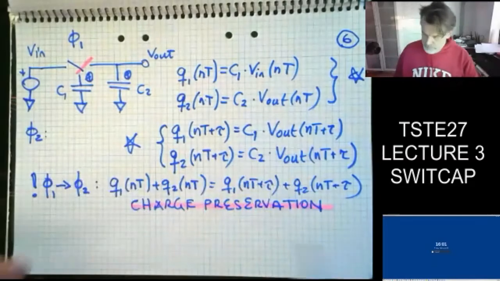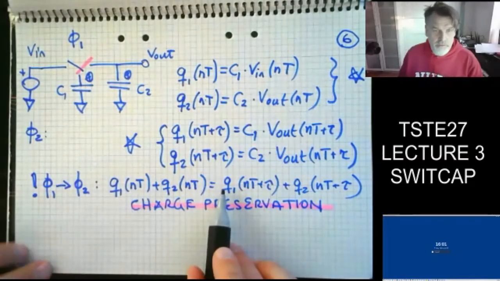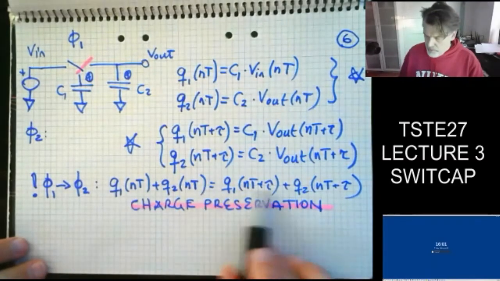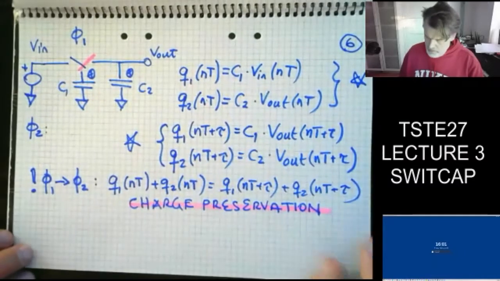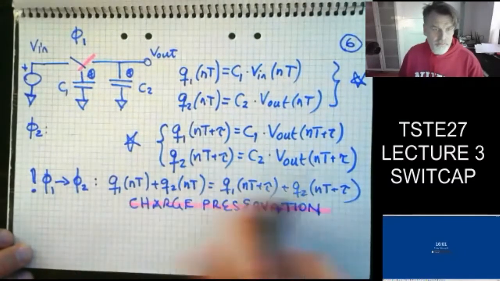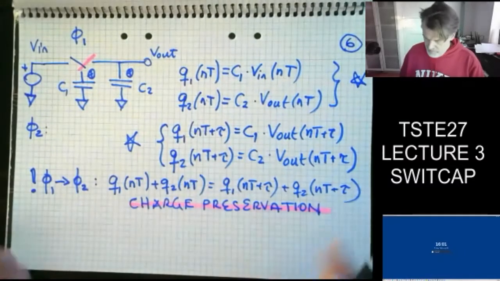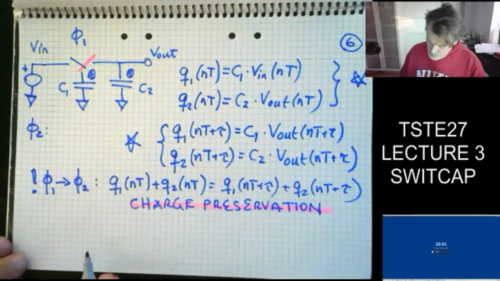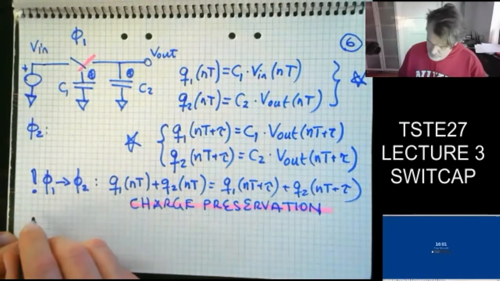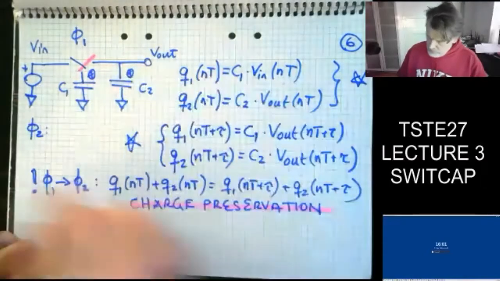And here I now have a memory function. So I have the new charge equal to the old charge. So this is going to be the low pass filter, more or less, the element that remembers. Okay, so what else could we do?